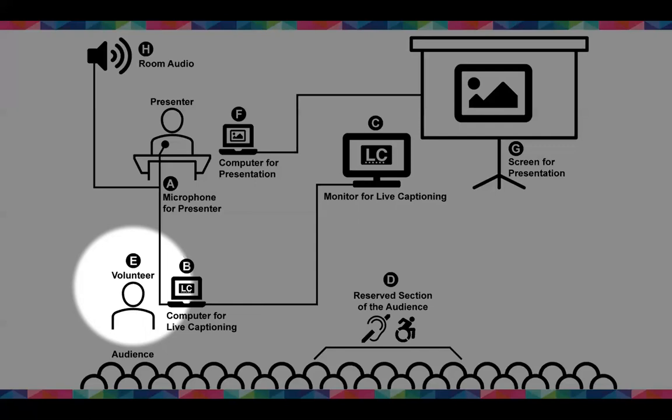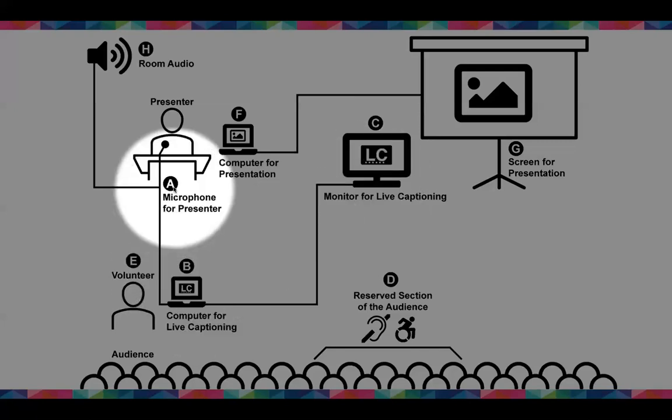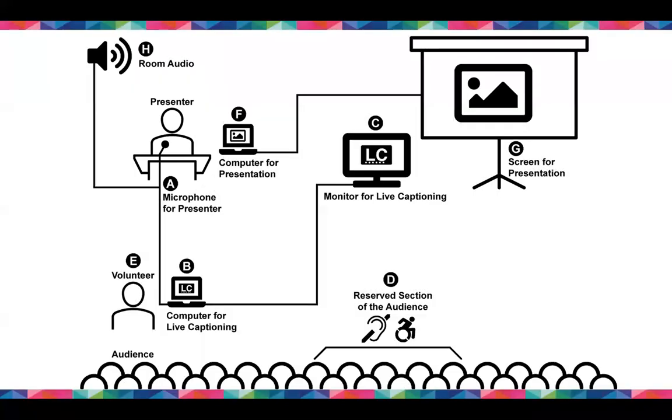Well, this person would also have either an added task or another volunteer that would be responsible for making sure that, one, the computer that is capturing speech to text is working, and it's also displaying to the monitor over here. And also that the microphone is in a good spot, that it's picking up the presenter. We'll go through a few things with live captioning about what can happen if the signal is not strong. But a volunteer is pretty essential to helping make sure that it's a success.